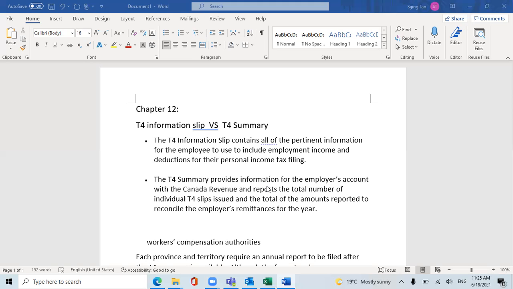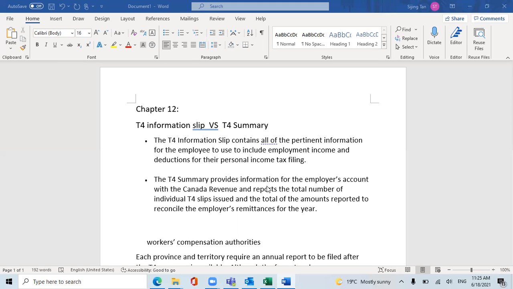We have T4 slip examples in our chapter, so you will be familiar with all the box numbers. They have the employee's name, address, total income, social insurance number, CPP contribution, EI contribution, RPP, RRSP, union dues, and charitable donations. There are all sorts of things.